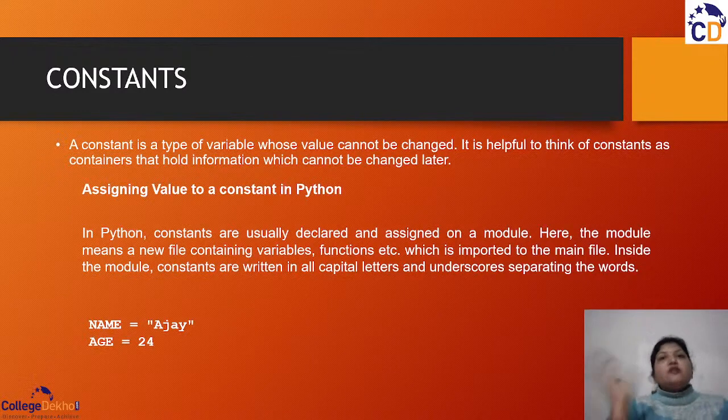If you want to change the value of a variable, you can change it, but if you want to change the value of a constant, you cannot. They are fixed values. Whenever you define variables statement by statement, you may change the value of the variables. But in the case of a constant, you cannot change the value, right?